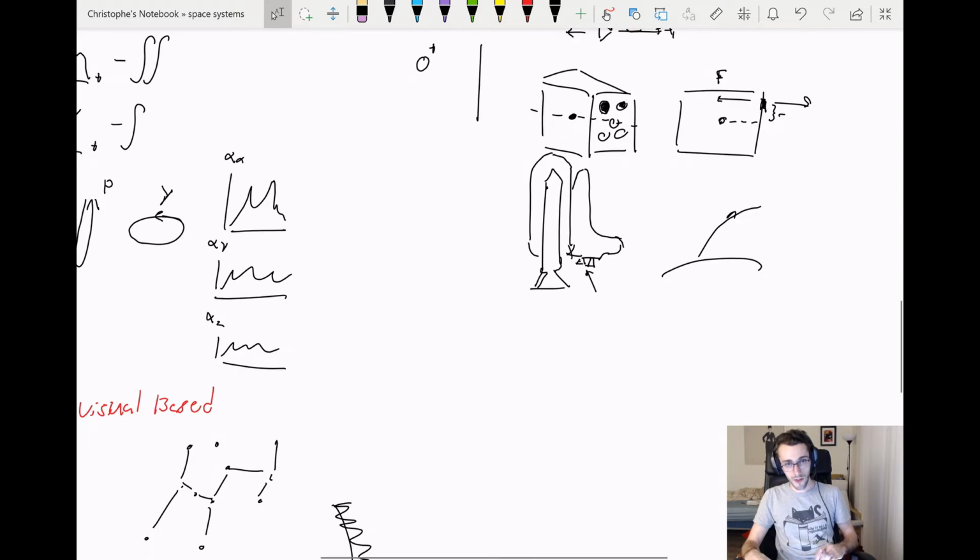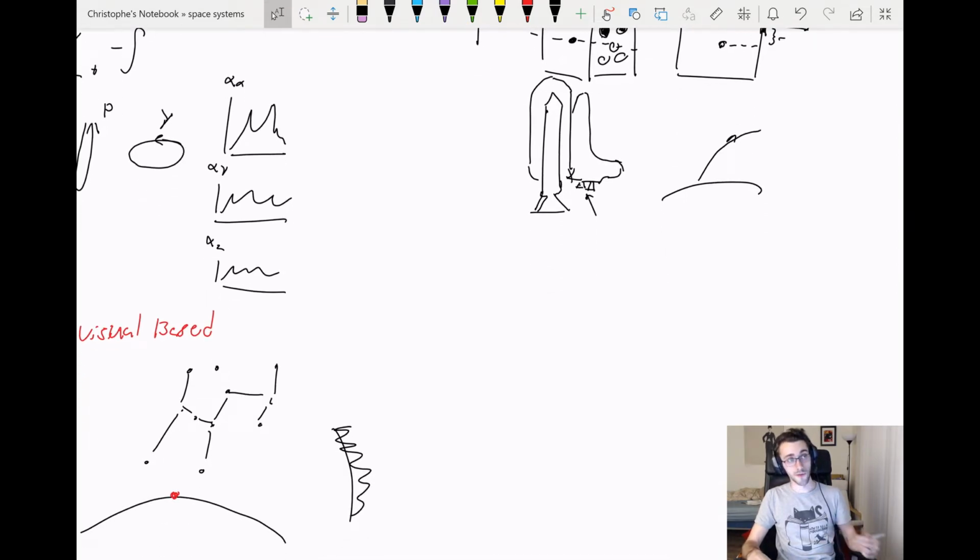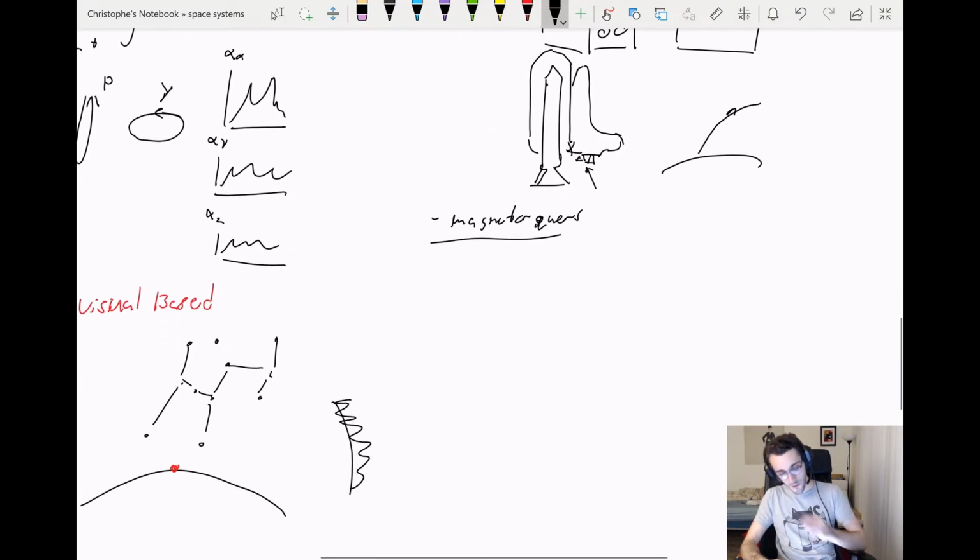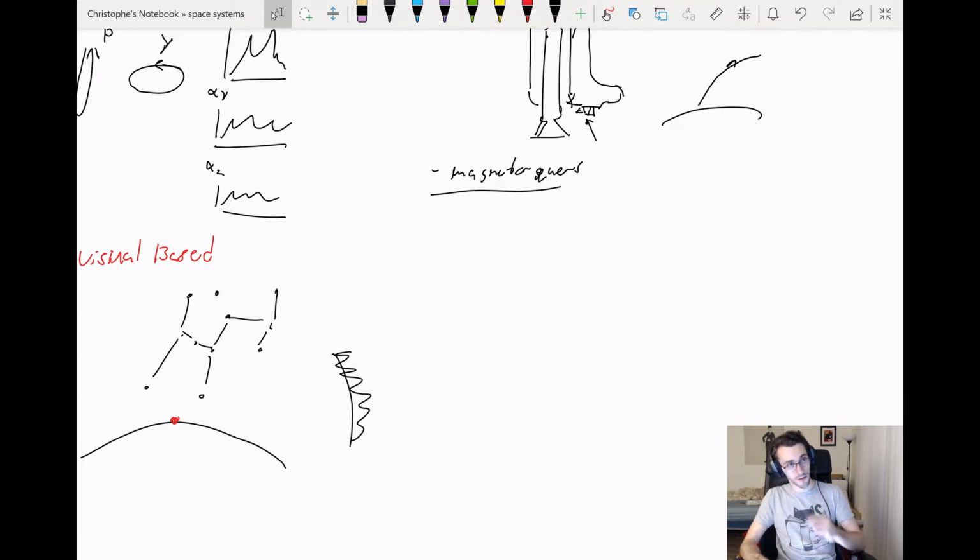Now, another one that is more common for smaller satellites is a magnet torquer, or a series of magnet torquers. Magnet torquers are basically just coils of wire.